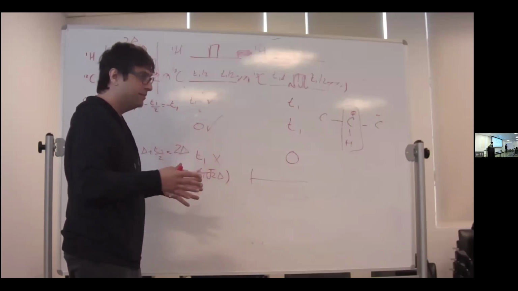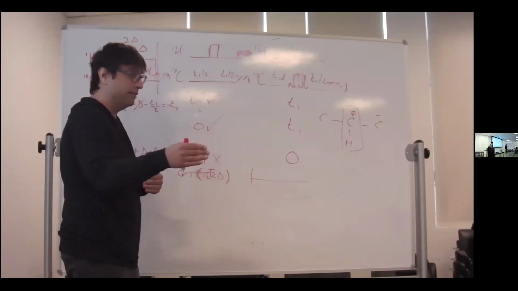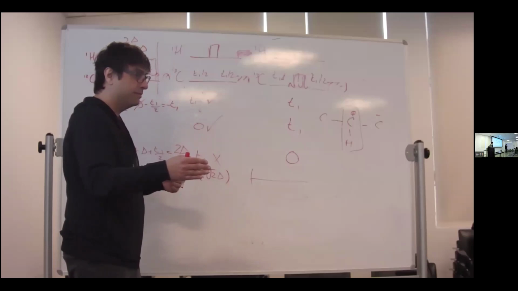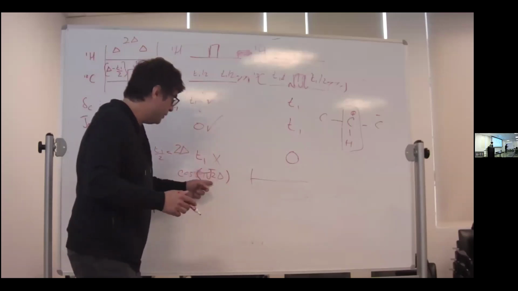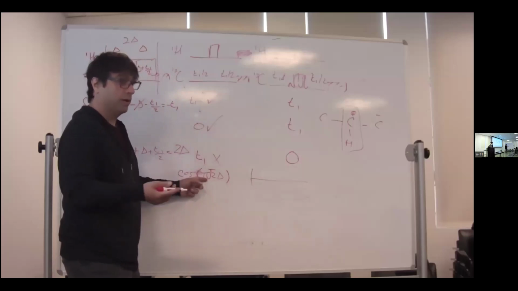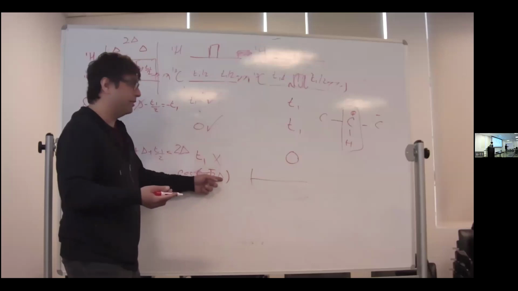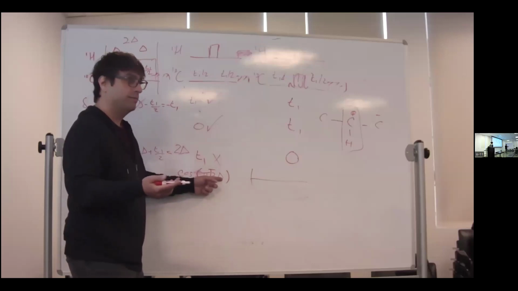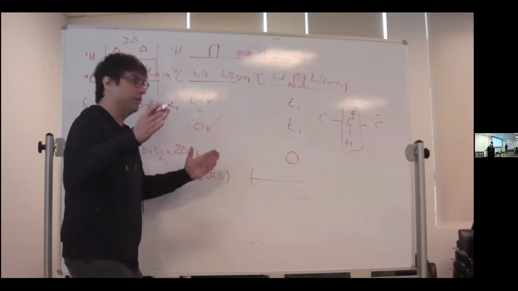Do I want a long delta or a short delta? Why do you want a long delta? When we said this could be pi, it could have also been 2 pi. That also would work, in which case the delta would be twice as long. So I could keep making delta longer and longer.